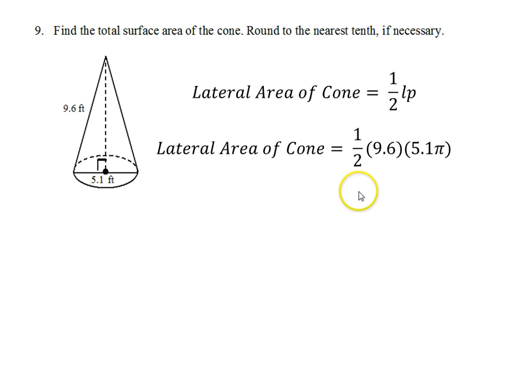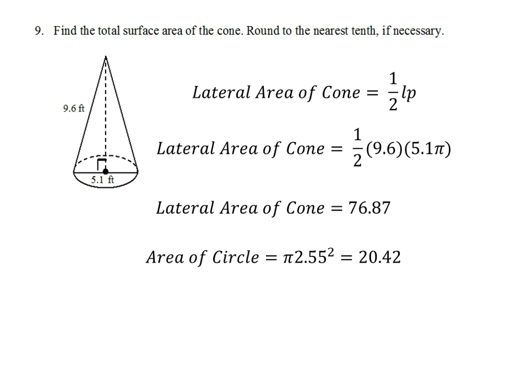So the lateral area of this cone is going to be 1/2 times 9.6, because that's the slant height, times 5.1 pi, because that is the circumference of the circle. So the lateral area of the cone is 76.87. This comes from doing this multiplication, and notice I changed pi to 3.14 in that process, which is why there's no pi there.